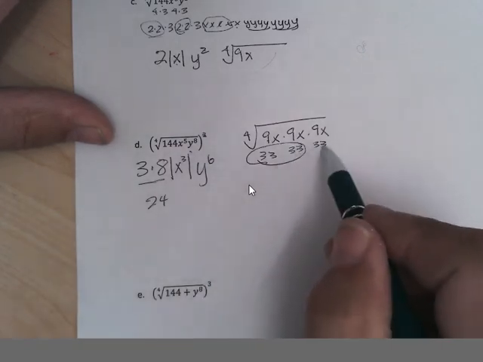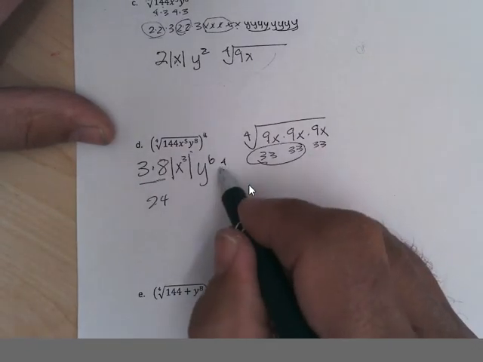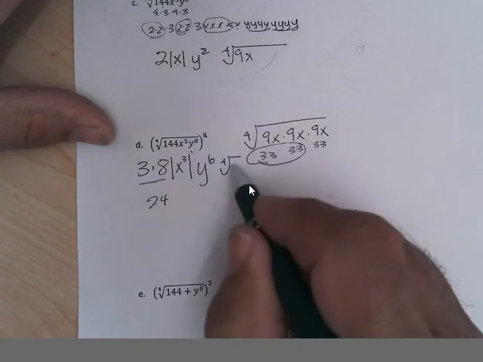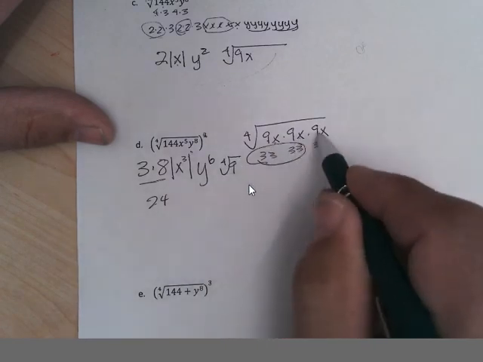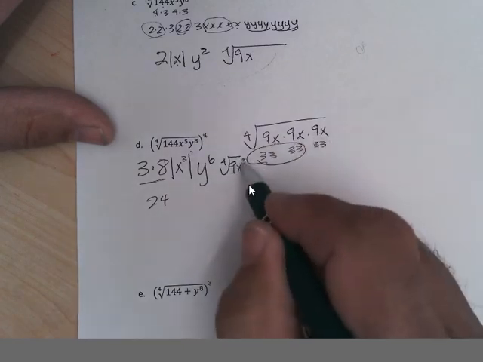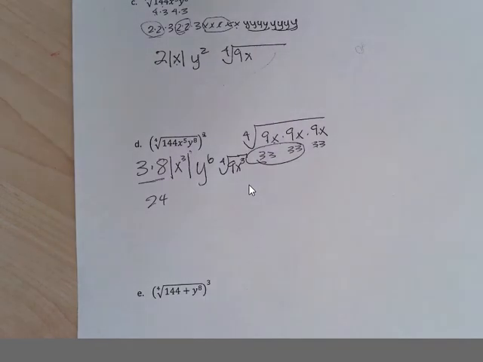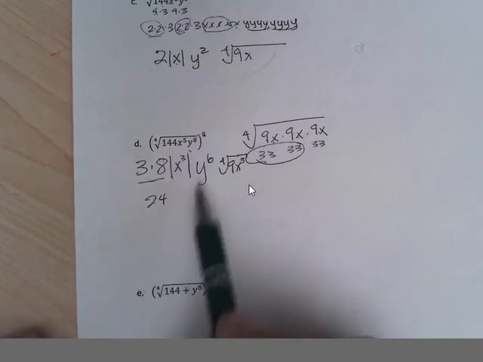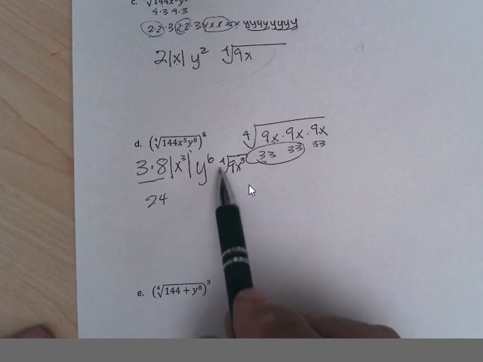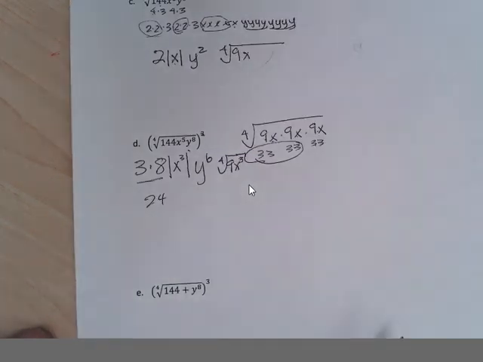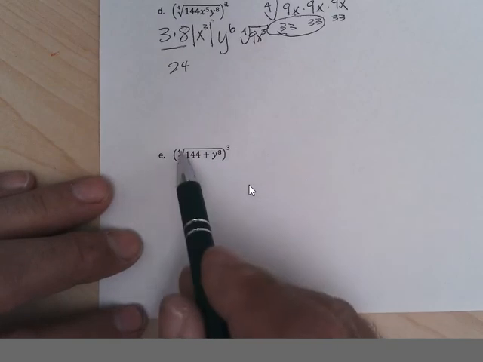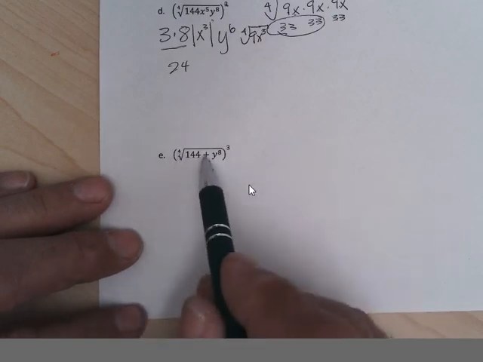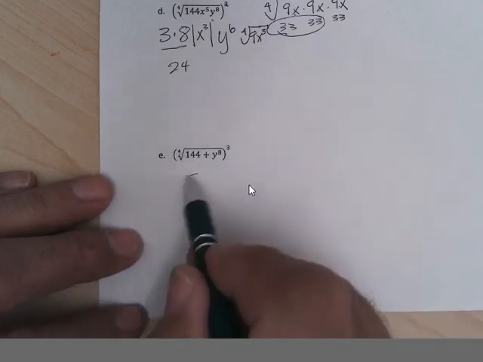And I'll have 2 3's left, so I'll still have a 4th root of 9 and x to the third. So 24, absolute value of x to the third, y to the sixth, fourth root of 9x to the third. And this one, fourth root, cubed, but it's got addition. Already simplified.